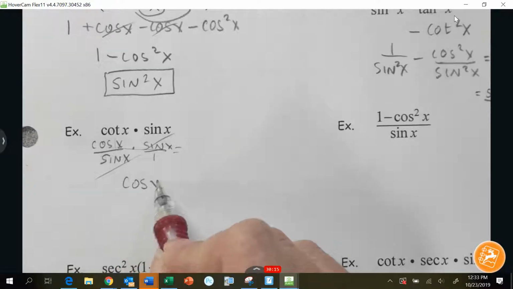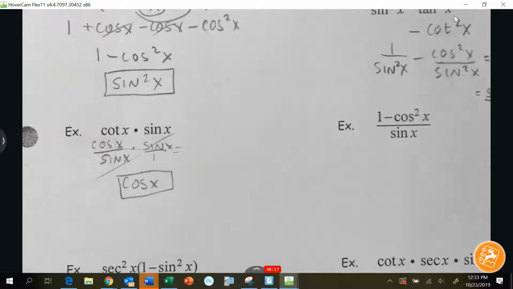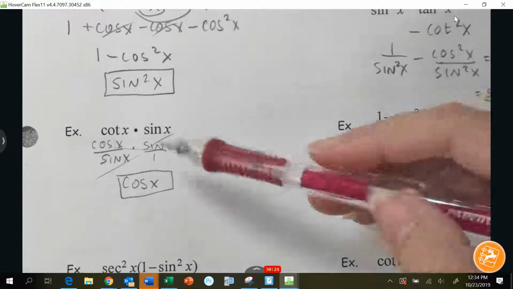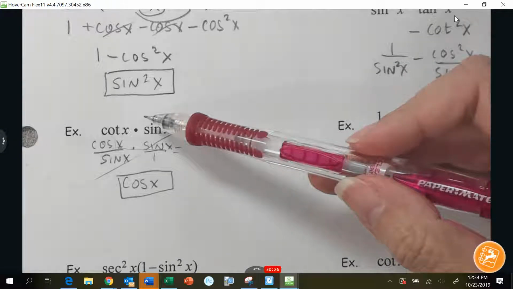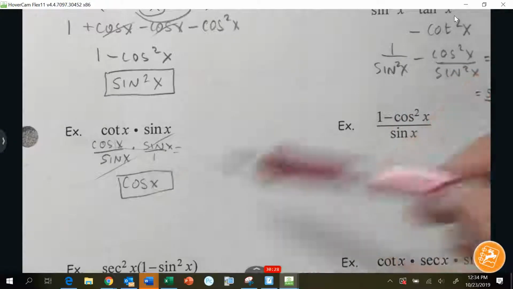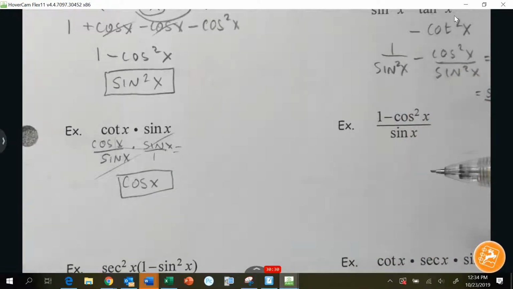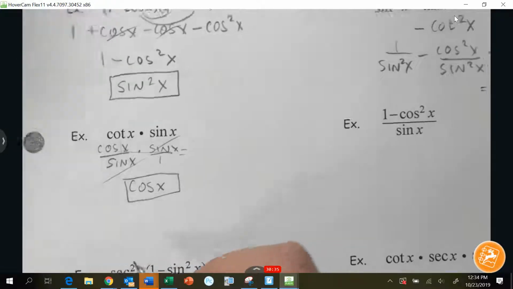We get cosine x. It's okay to choose, it's not like a wrong answer. I actually could show you how to get it there from 1 over tangent, which is probably not the fastest way. Want to see? You've asked. Now I want to show you.